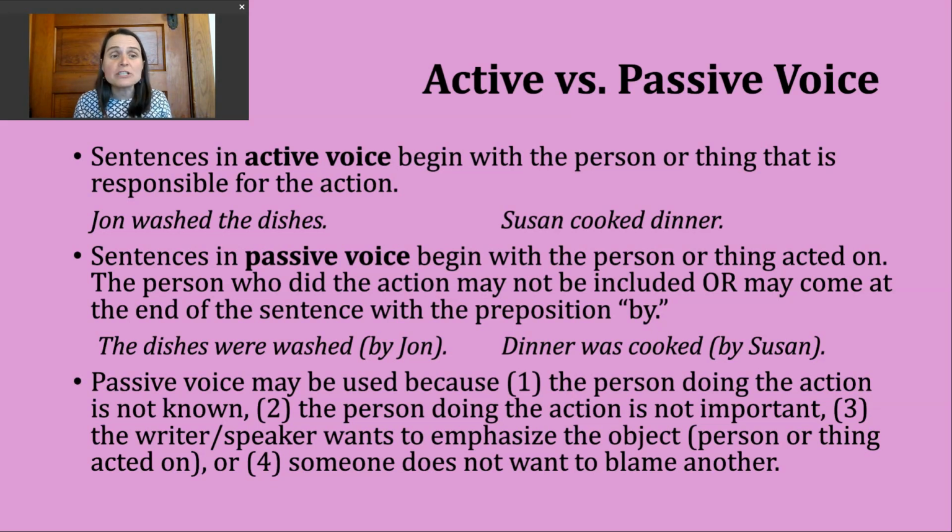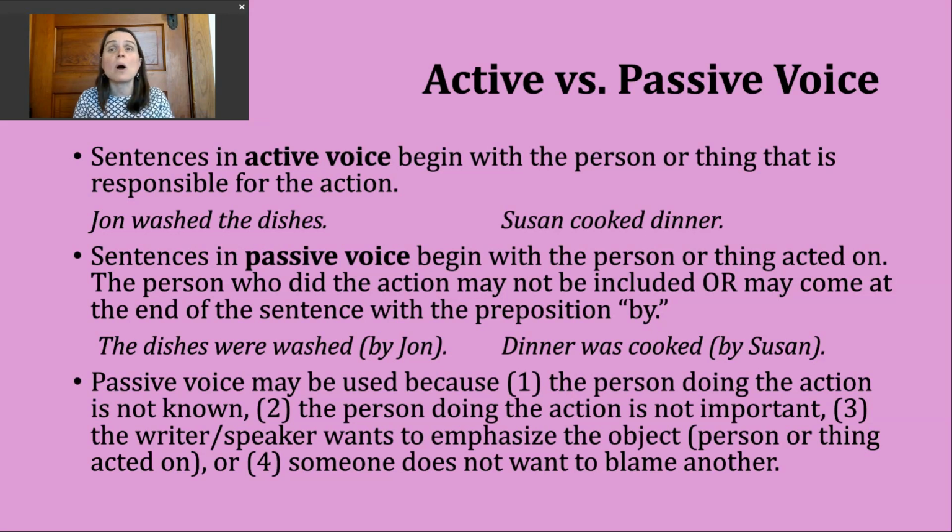So I'm going to take my first sentence, John washed the dishes, right? The dishes are what received the action of washing. So my new sentence in the passive voice would be, the dishes were washed. And I could put a period there, and that would be fine. I can also say, the dishes were washed by John. Okay. My second example sentence, Susan cooked dinner.